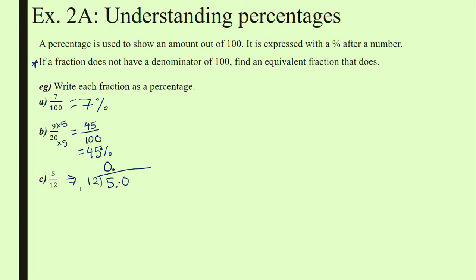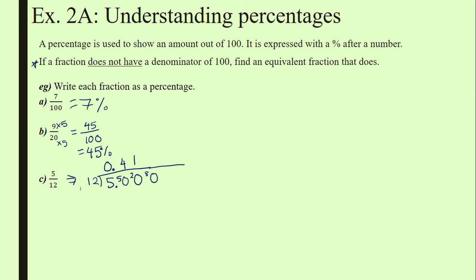This time we're going to look at it as 50. So 50 divided by 12, well, 4 times 12 is 48, so we get 4, remainder 2, and pop that on another trailing 0. 20 divided by 12 is just 1, remainder 8, okay.